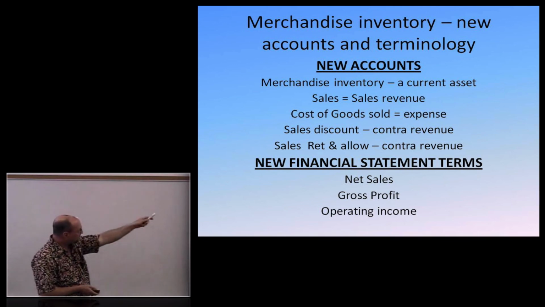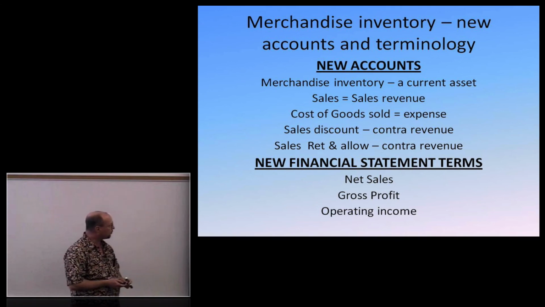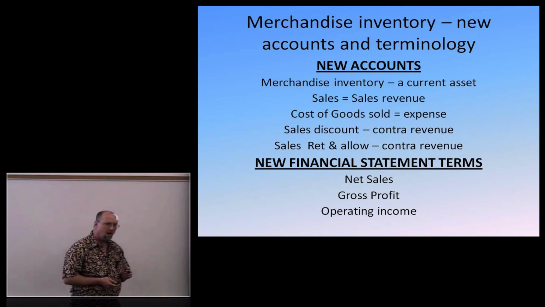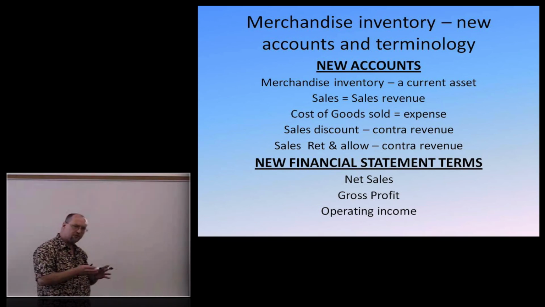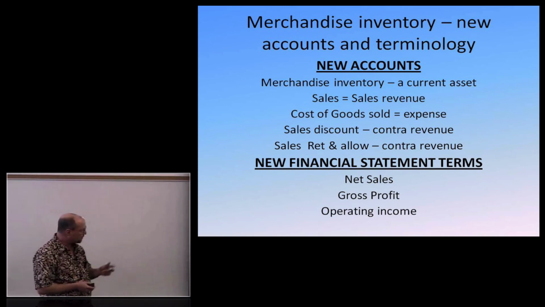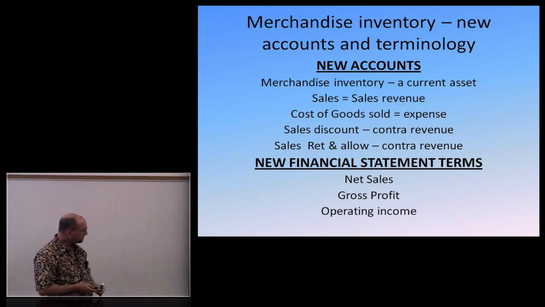Okay, so we have these new accounts: merchandise inventory, sales, cost of goods sold, sales discounts, sales, returns, and allowances. On the income statement, we're going to restructure our income statement, and we introduce a few new terms. We just talked about net sales. Okay, sales minus discounts minus returns equals net sales.